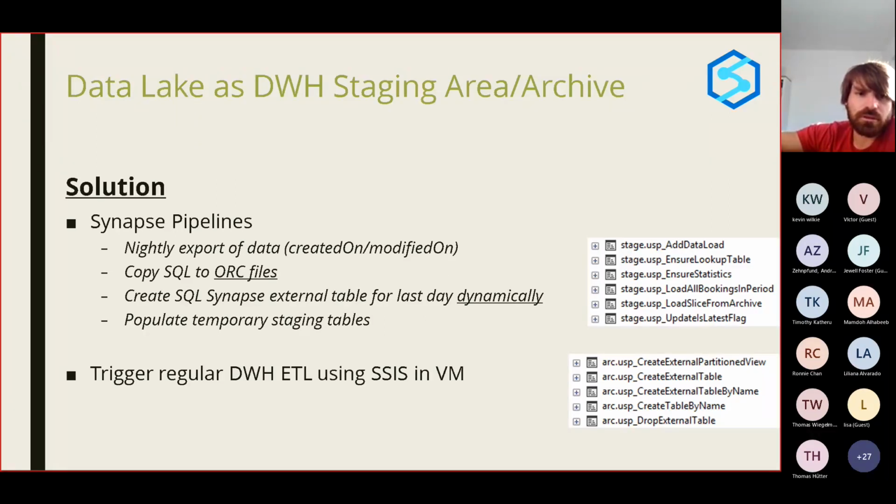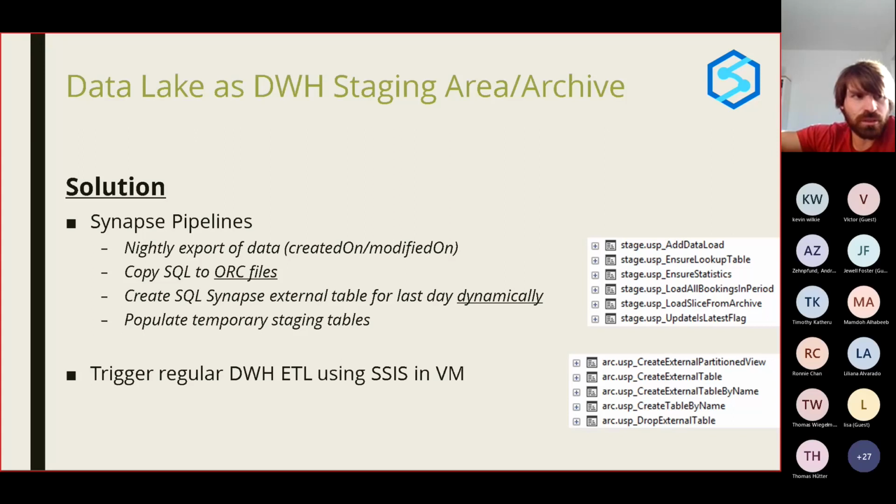In order to get all the data from the source system, we always used delta loads, based on a created-on or modified flag. And we built up some kind of framework.